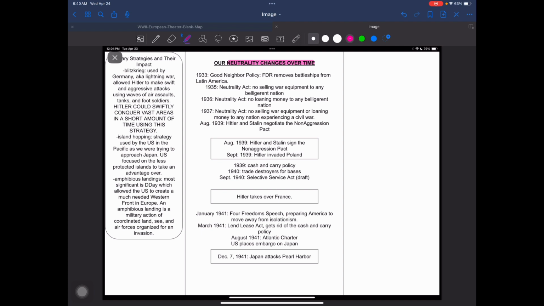So our neutrality is going to change. It's going to evolve from being completely out of this war to we're starting to step off into it a little bit more.